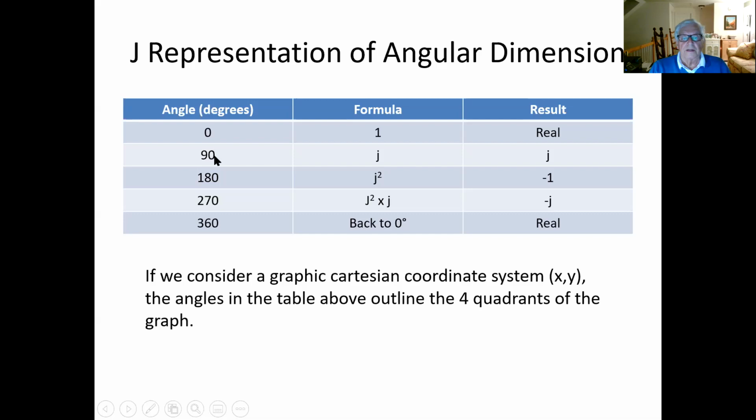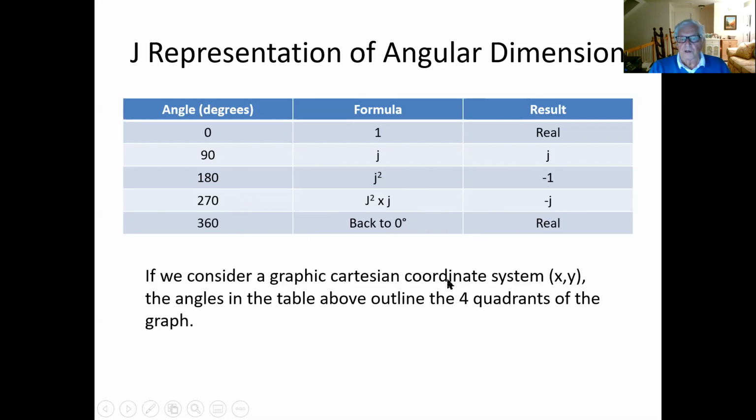At 90, it's a number 90 degrees apart from a real number, a j number. At 180, j squared represents 180, so that's the opposite, -1. And 270 is j squared, which is -1, times j, so 270 is represented by minus j. And 360 gets us back to 0 degrees again.